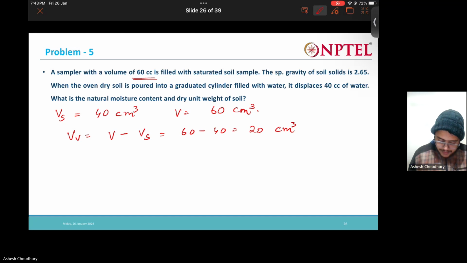Now, can we find out the void ratio from here? Volume of voids by volume of solids. Done.